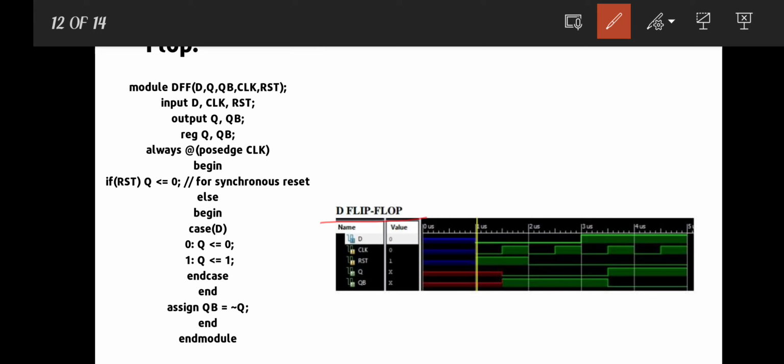This is the output of this flip-flop. This is the output of this execution.